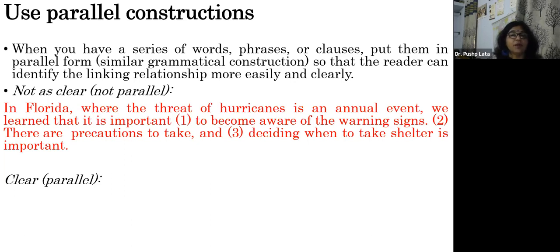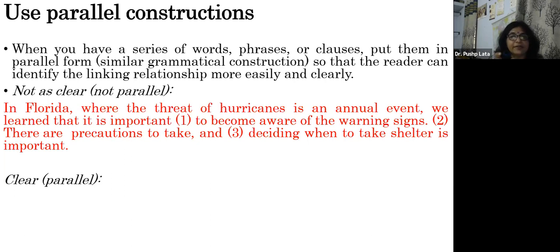Where does the problem lie? Yes, the first one is in infinitive construction, to become aware of the warning signs. But the second one, what is it? There are precautions to take. That means a complete sentence. The third one, deciding when to take shelter is important.